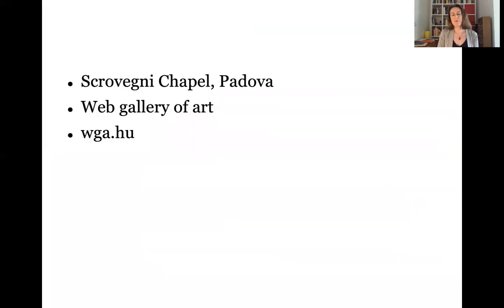So again, just to come back to where we are, we're talking about the Scrovegni Chapel in Padova, and I wanted to give you some more resources you can look at. The images that I'm using come from the Web Gallery of Art, which is a wonderful online resource, and kindly gives us permission to use the materials for educational purposes. The website is also really easy to remember. It's wga.hu.